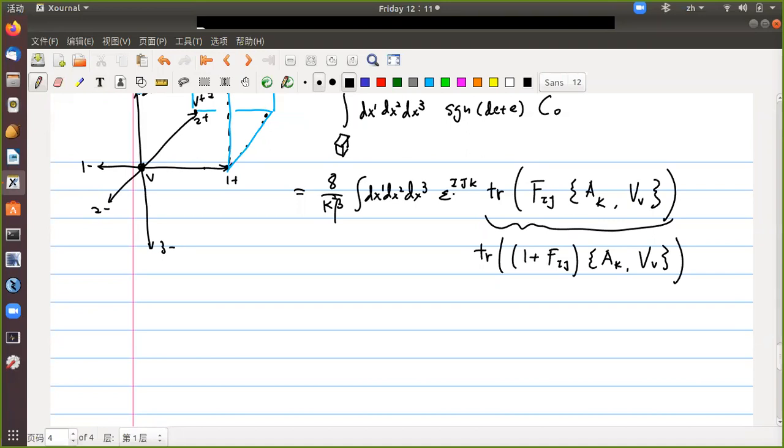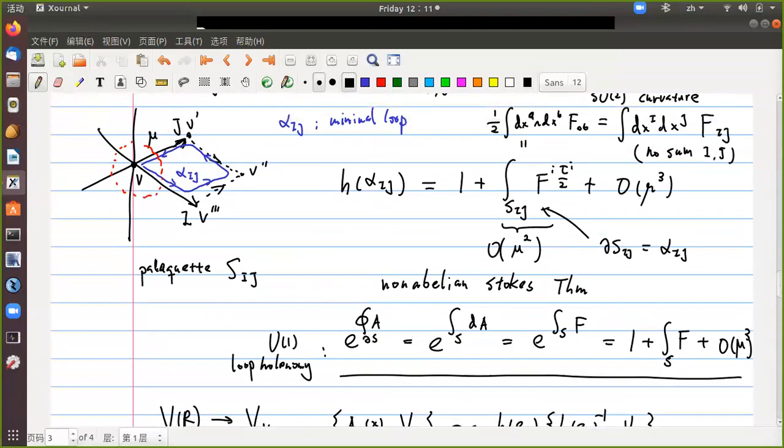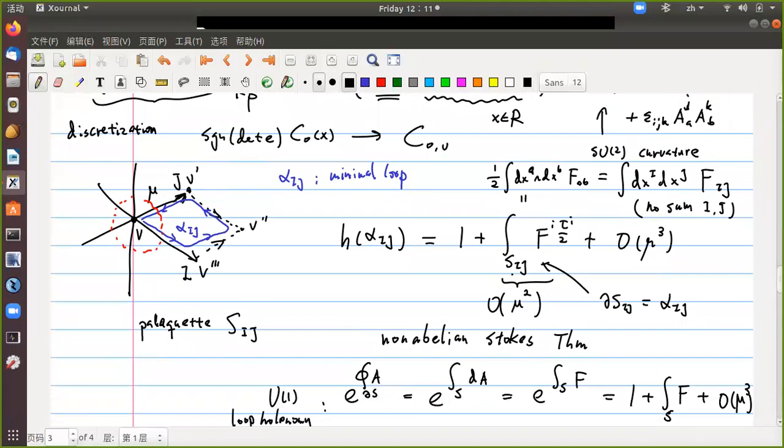The reason is that you are free to put a 1 because this ij is anti-symmetrized. If you put 1 here, since ij is anti-symmetric and you sum over i and j, you just get 0. So this 1 has no contribution because it is anti-symmetrized with respect to i and j. So you are free to put a 1, and here this F will become 1 plus F. You can replace it by the holonomy.